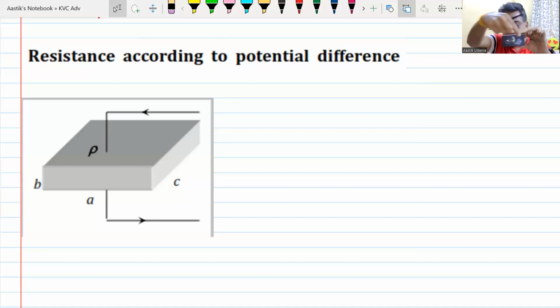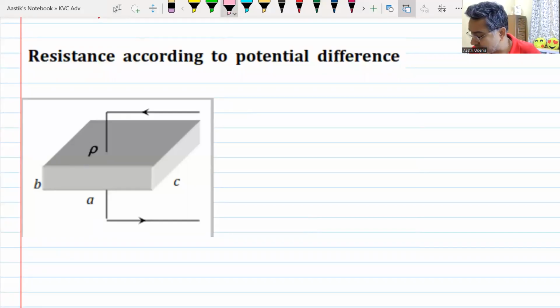The length of this side is A, the height is B, and the depth is C. Can you find out the resistance of this conductor if I connect it like this? I'll give you 2 minutes to give me the answer.